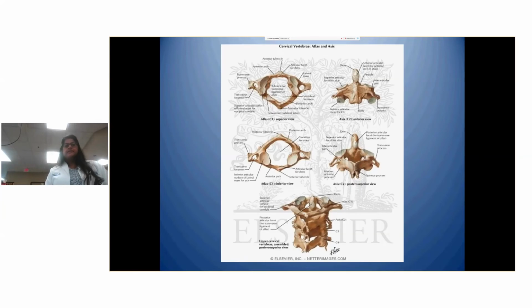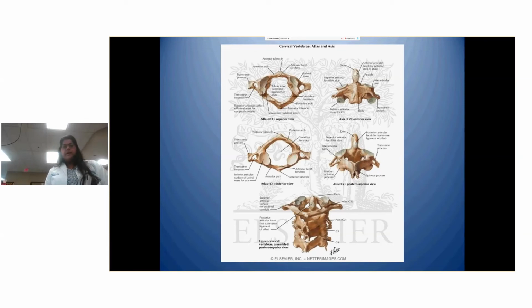This is an image from netterimages.com, and in the bottom image, you can see the first three cervical vertebral bodies. You see the superior articular surface, which joins at the occiput, and that is the atlanto-occipital joint.